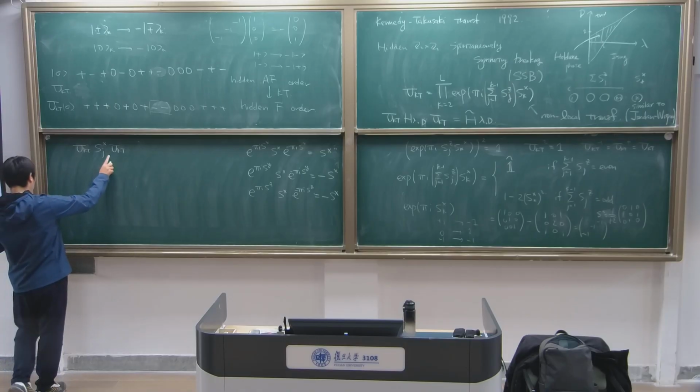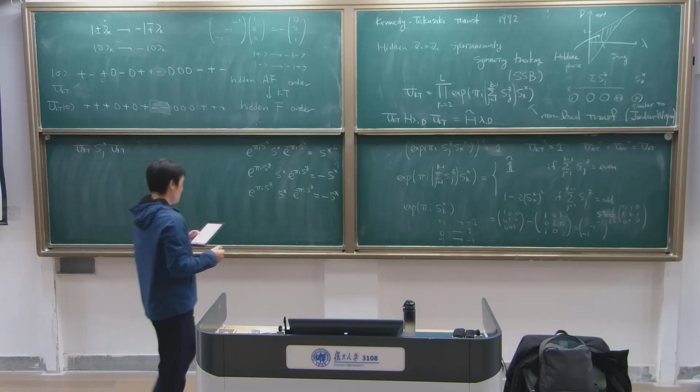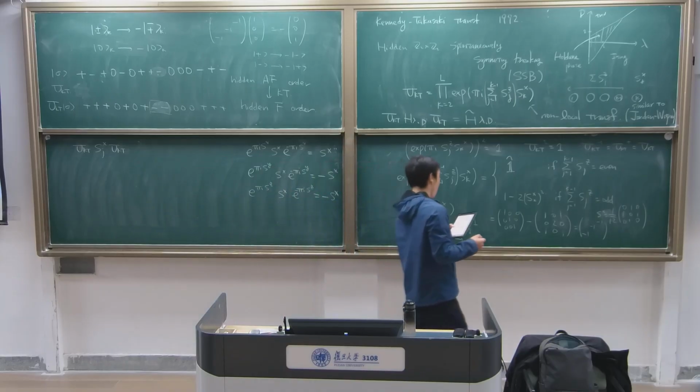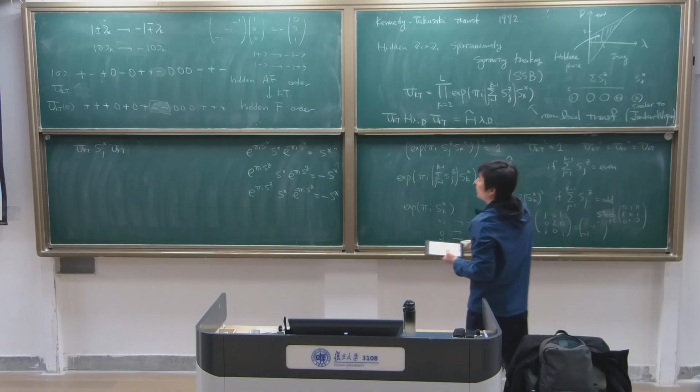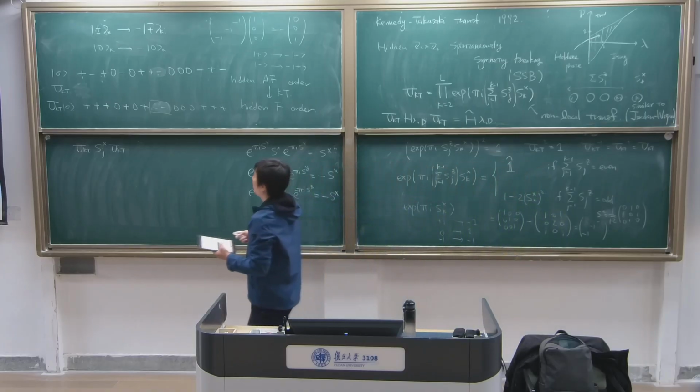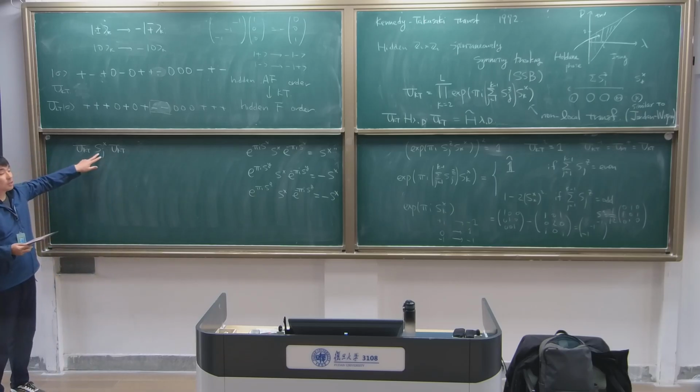Now let's compute this one. The computation is as follows. Different sites, the spin operators commute.